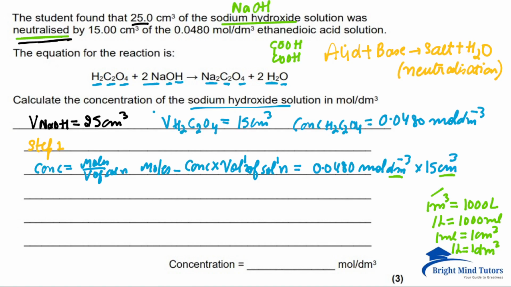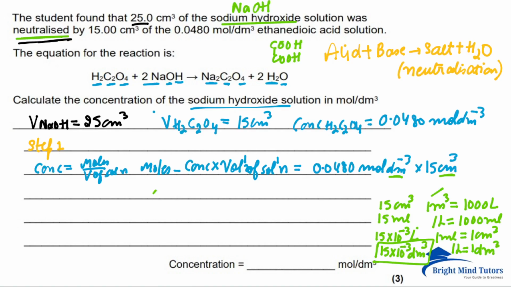So this ml you need to convert into liter or decimeter cube. 15 centimeter cube is 15 ml only, and 1 ml is 10 to the power of minus 3 liters, or it is 15 into 10 to the power of minus 3 decimeter cube. So this volume will be this much in decimeter cube.